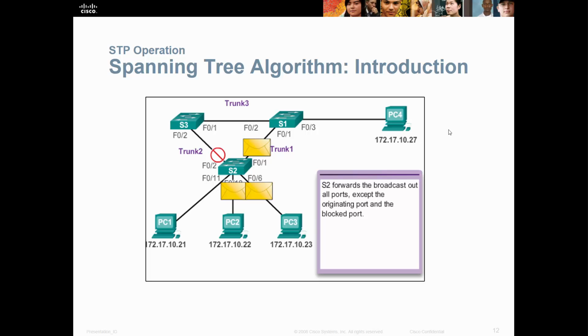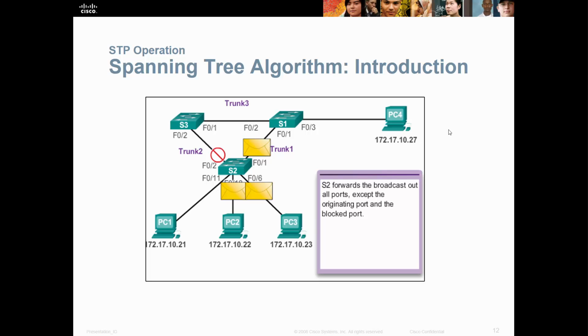So here, we have a link between switch 3 and switch 2. Switch 2's port Fa0/2 could go into a temporary shutdown mode, even though the physical link is there, because STP detects a loop and says, hey, this path is doing a loop, let's go ahead and turn it off.